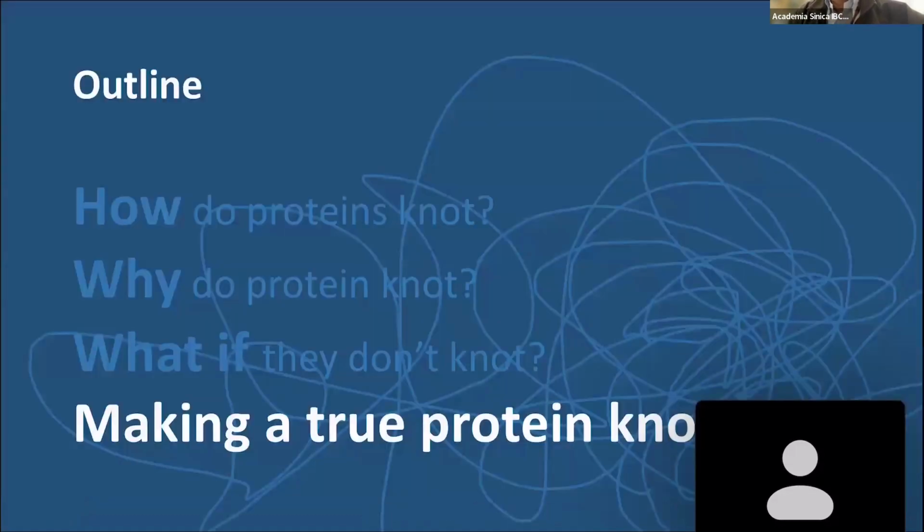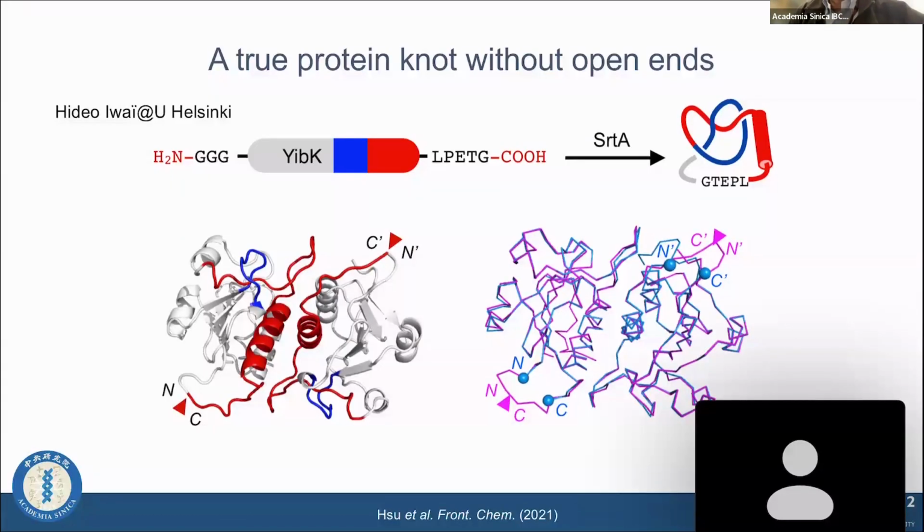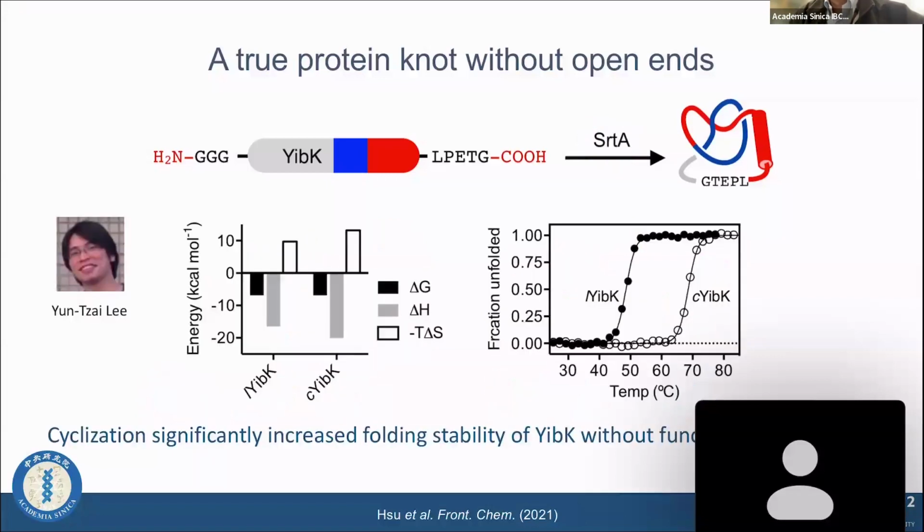Now, we can also cyclize the protein by enzymes. So we have a protein purified and we close the N and C termini by an enzyme called sortase A and solve the crystal structure, and it looks identical to the open chain protein. But this cyclized protein now has a thermostability increase of more than 20 degrees Celsius when we unfold the protein.